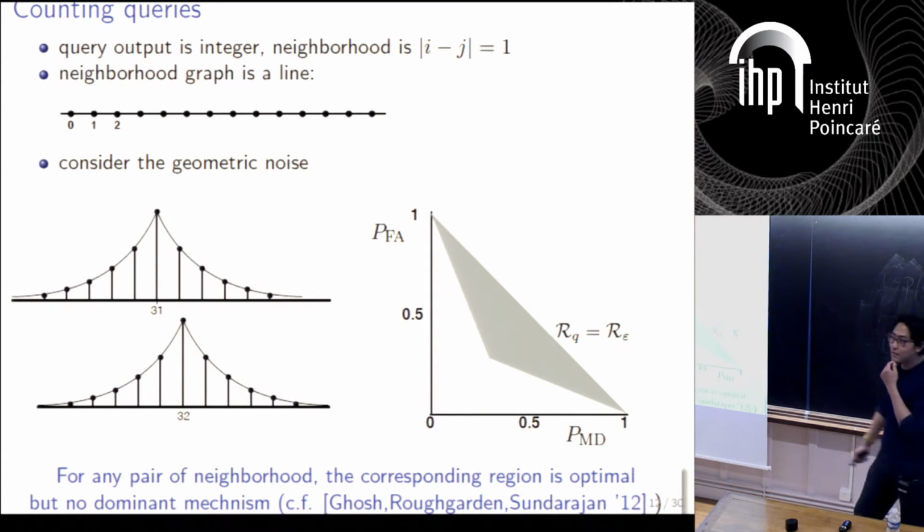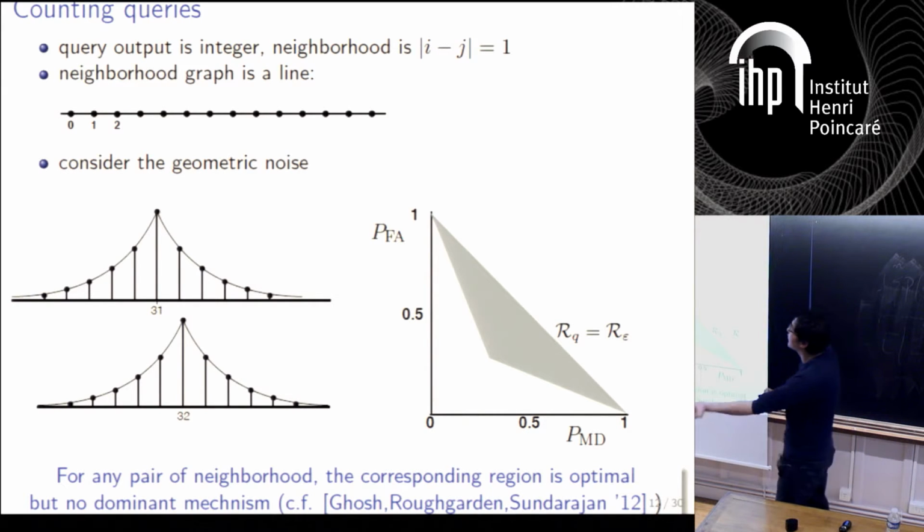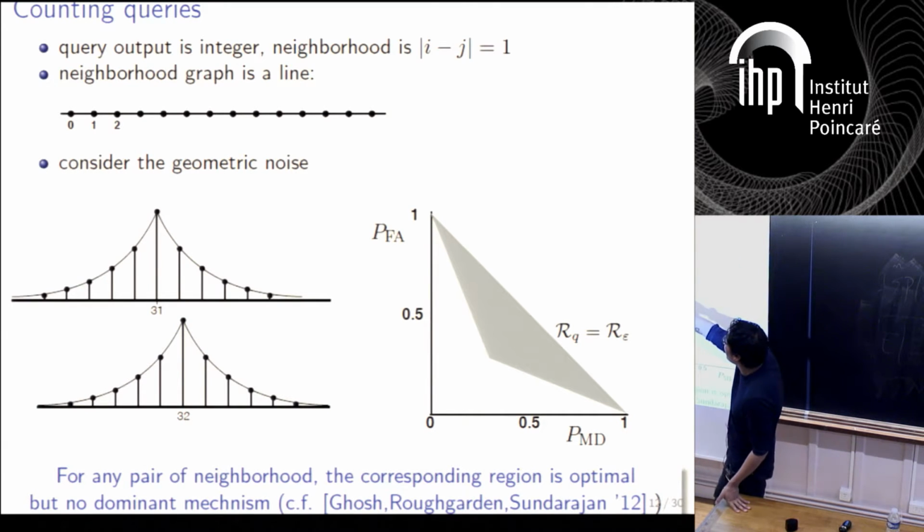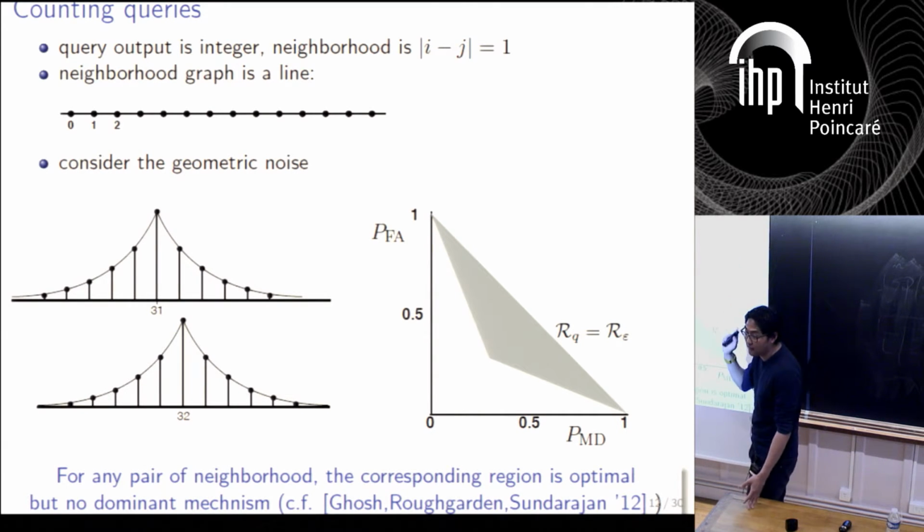So one thing that's related will be, let's say we're doing counting queries, for example. The query output is an integer. Neighborhood is whatever is within 1, less than or equal to 1. And the neighborhood graph is a line in this case, right?